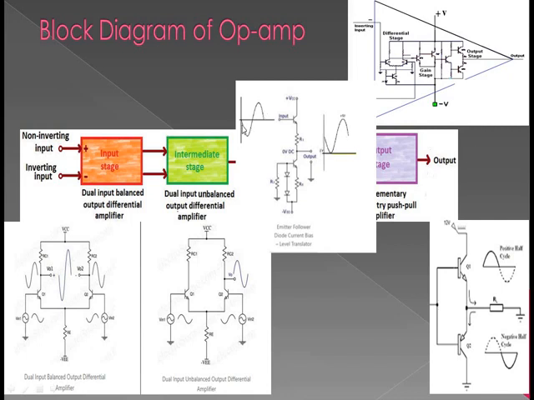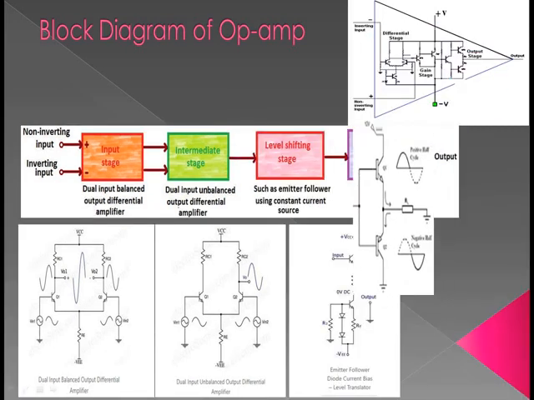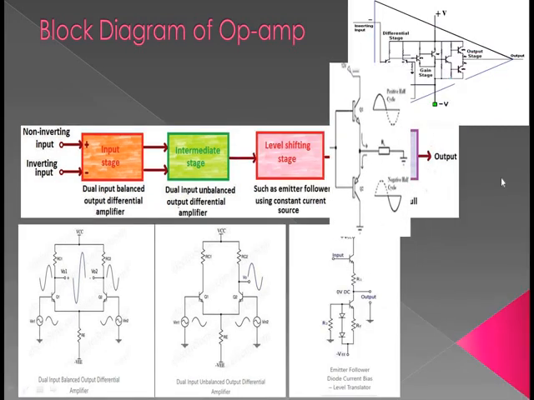Here you can see if our input signal is from 0 to negative, then positive, then after the level shifter the level is shifted and at the output the signal is always positive. So level shifter shifts the level of the signal to 0.